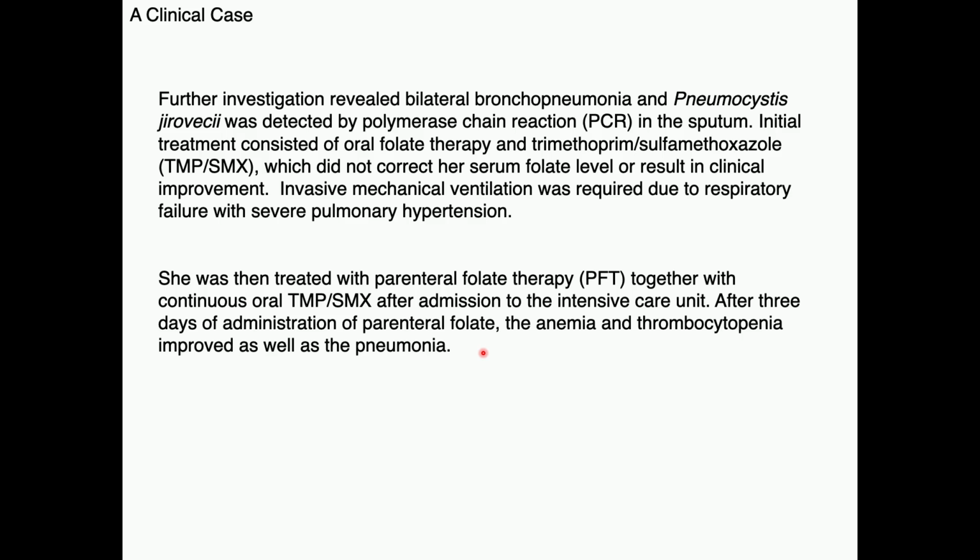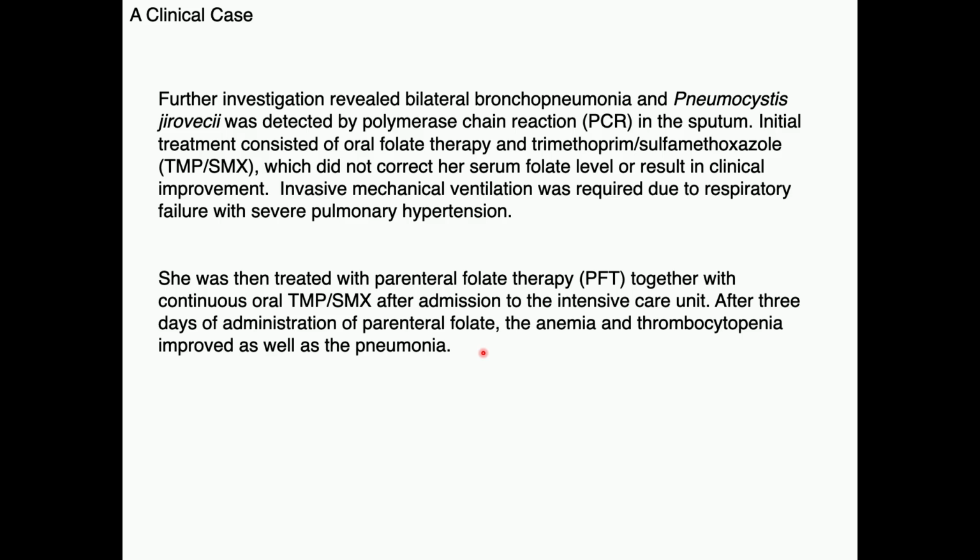So she's getting plenty of folate from breast milk or formula or whatever she's eating. I can't remember if it said that. But she's got this anemia, and then you give her a shot of folate in the arm, and then the anemia starts to resolve, right? So that's pretty strong evidence that she's got a problem with folate absorption.